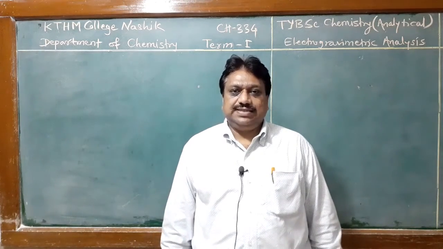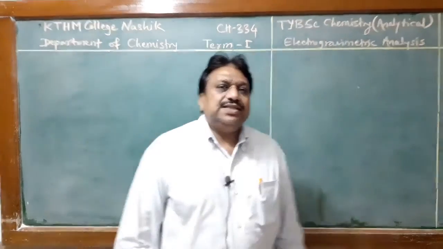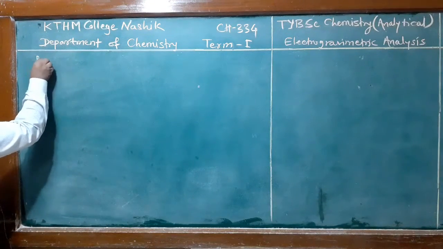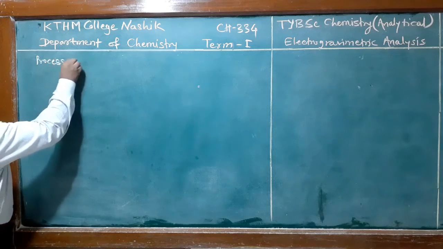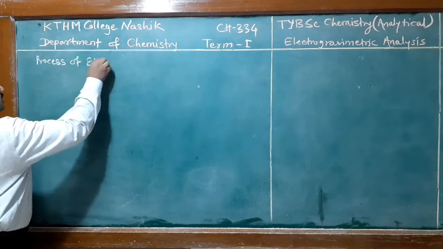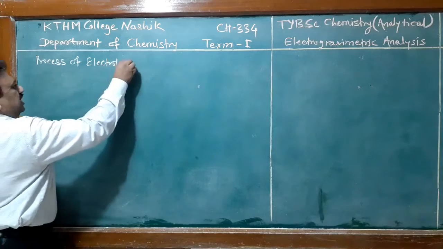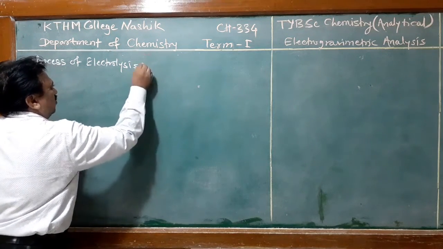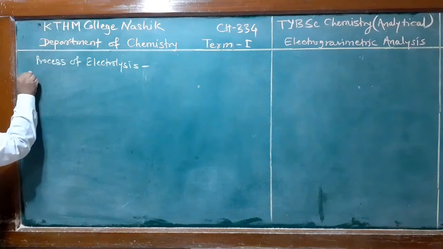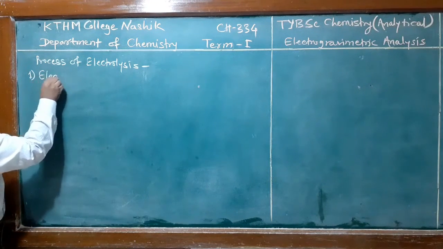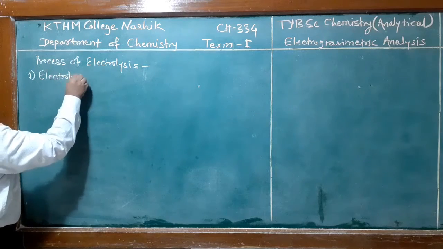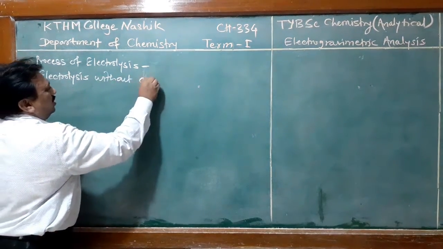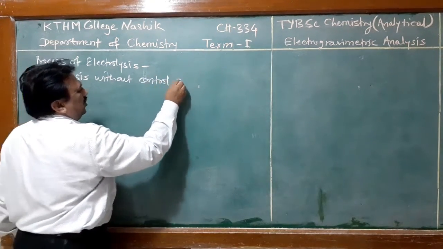an electrolysis cell. Students, basically the process of electrolysis is carried out in two different ways using the electrolysis cell. First one is electrolysis without control of cathode potential.